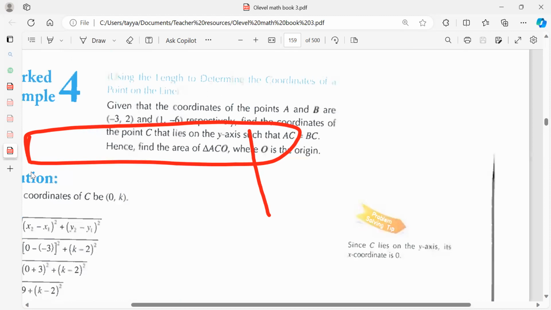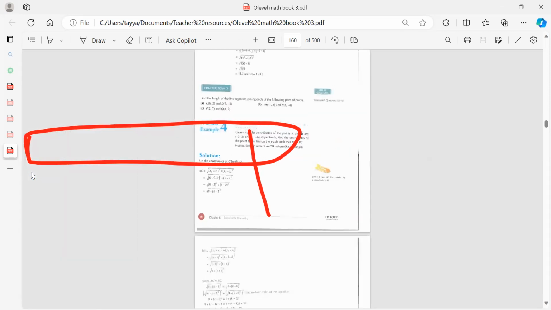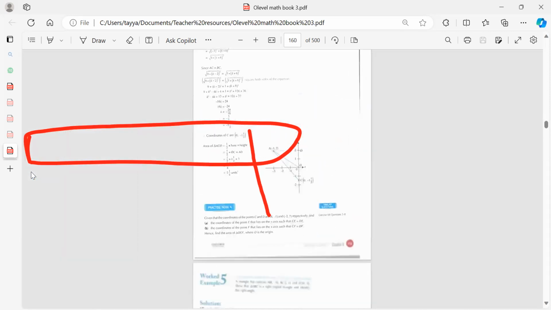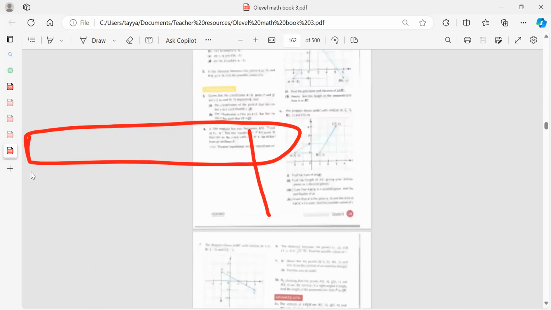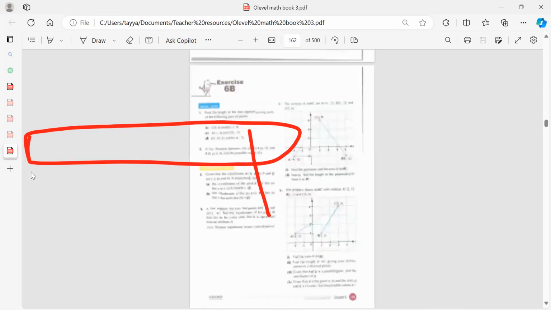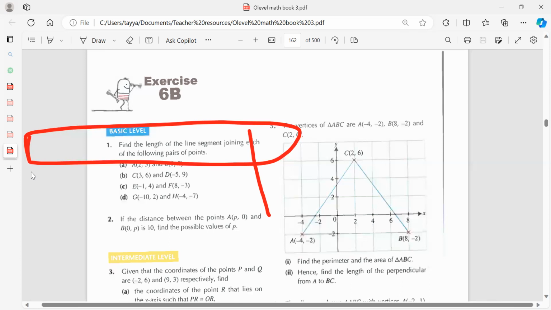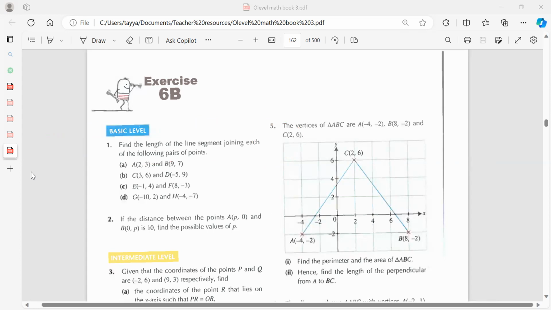Exercise question. Find the length of the line segment. The points are A (2, 3) and B (9, 7). So the line segment is AB.